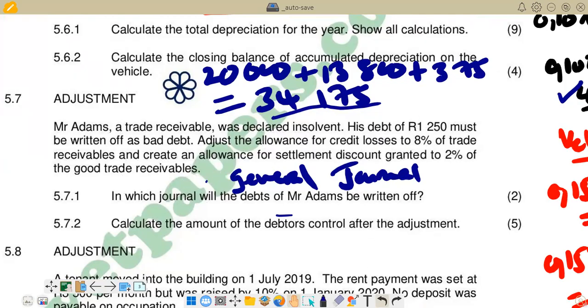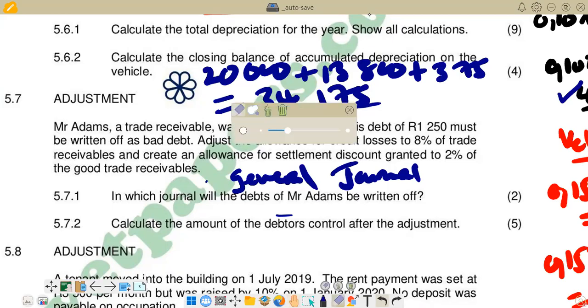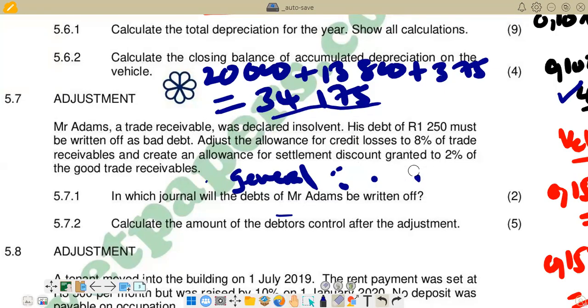So basically what we are going to do there, we have the 8% that has been removed. When 8% is removed, it means it's being removed from 100%.